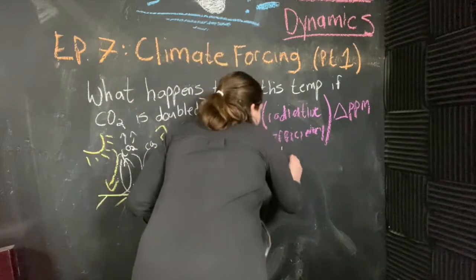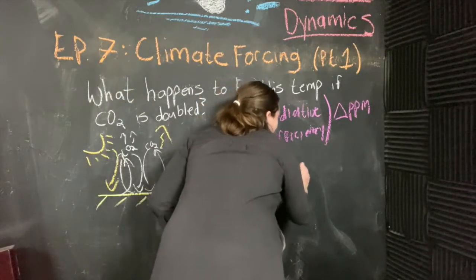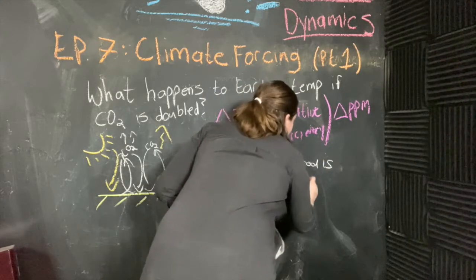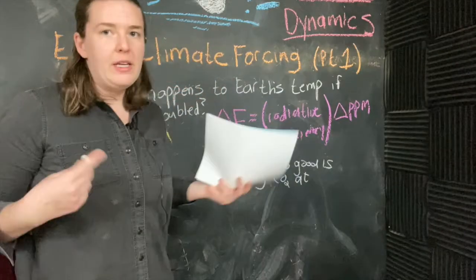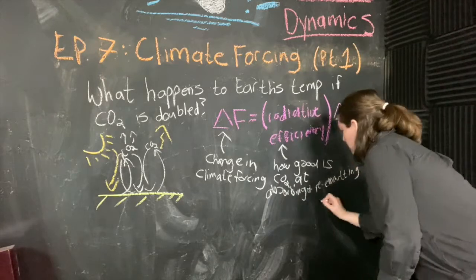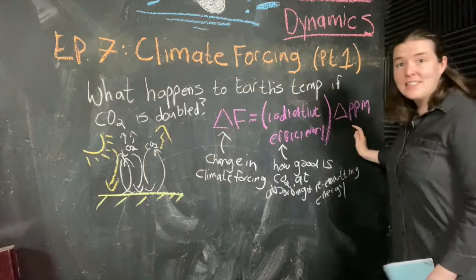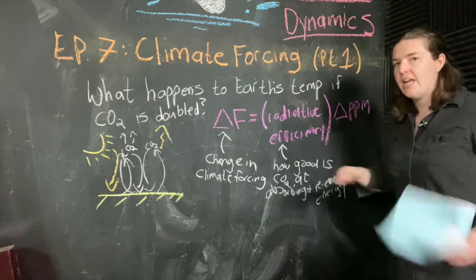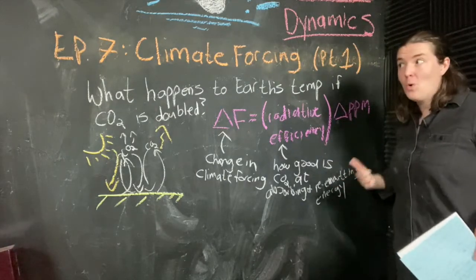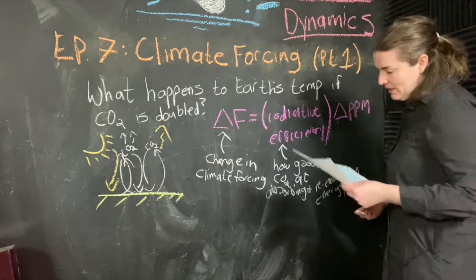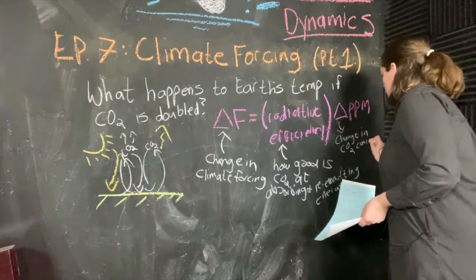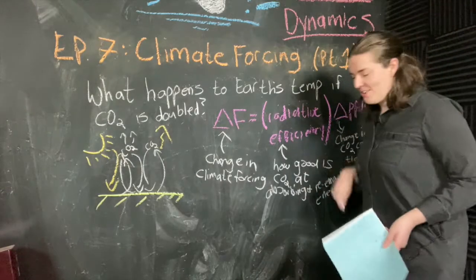We'll just call that how good CO2 is at absorbing and re-emitting energy. And last but not least, delta ppm, the change in parts per million. How much more CO2 do I have now? So the change in CO2 concentration. Ran out of room there, I was trying to write into the wall.